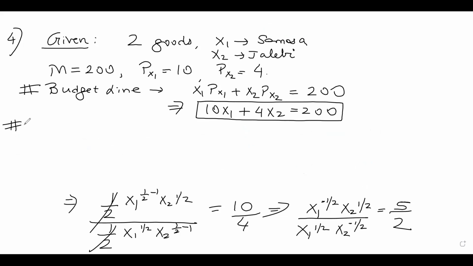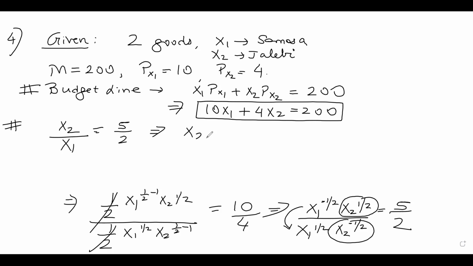So I can write x2 to the power half and x2 to the power minus half as x2 to the power half plus half, which is 1, upon, I take this in the denominator, x1 to the power half plus half, which is x1. So this is equal to 5 by 2, which implies that x2 is 5 x1 by 2.